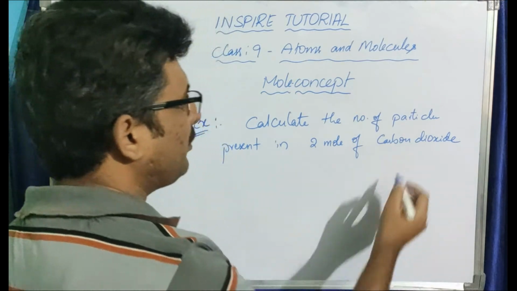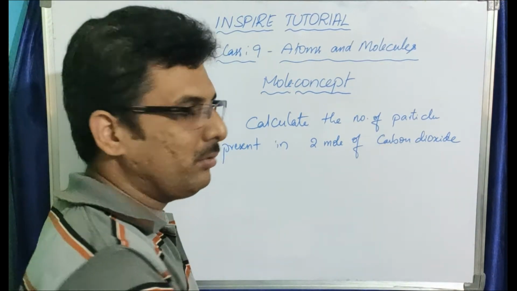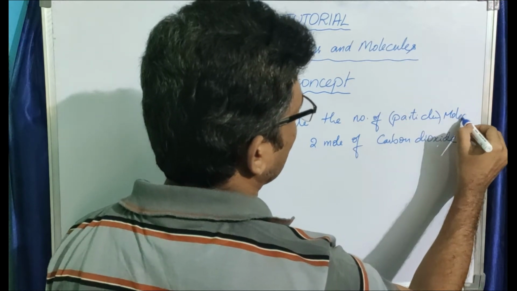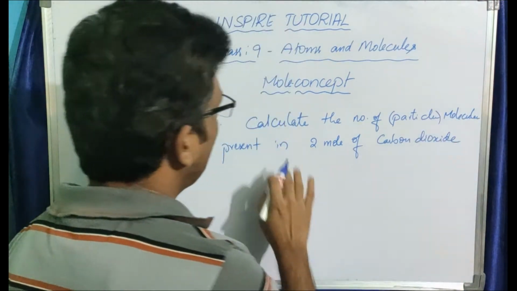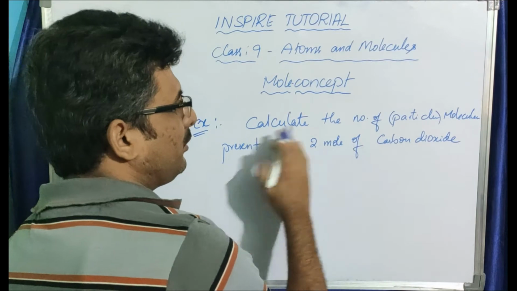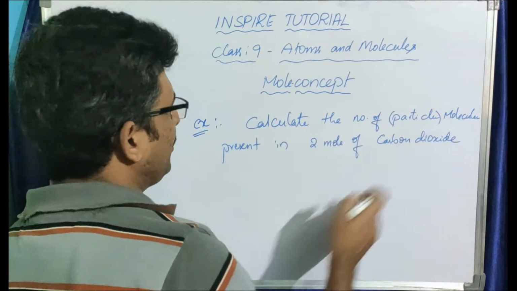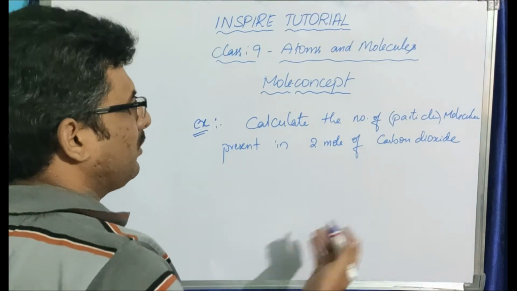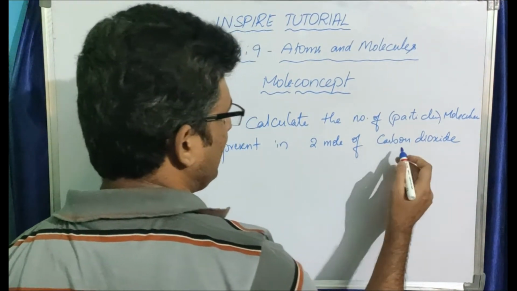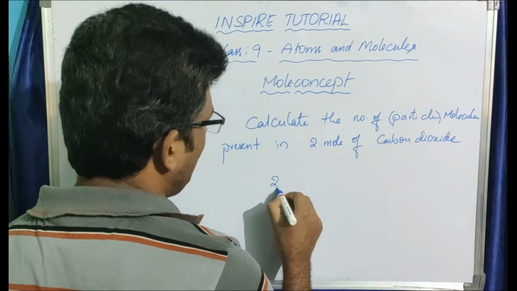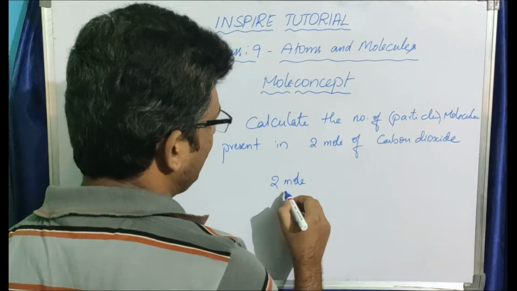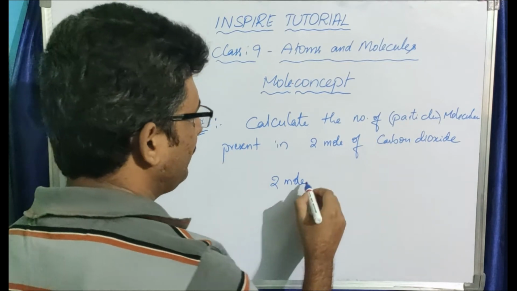Since you are talking about carbon dioxide, which is a compound, it will contain molecules. So you have to calculate the number of molecules present in 2 moles of carbon dioxide. Now it is irrespective of the substance. Here you have to find the number of particles in 2 moles.